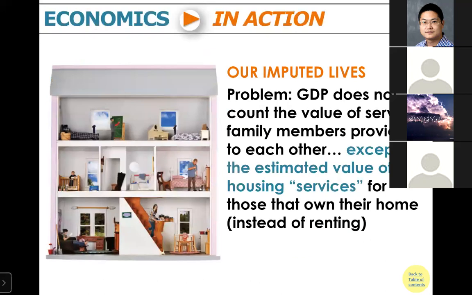Okay, so GDP may not be a perfect measure. This is because GDP misses some important items we actually produce, we actually generate, right? So like this background picture shows, in a typical household, there are many economic activities that have not been kept track of, right? If you know my son, he mows our lawn, I pay him $20. So this $20 actually reflects the economic activity he's performing, right?